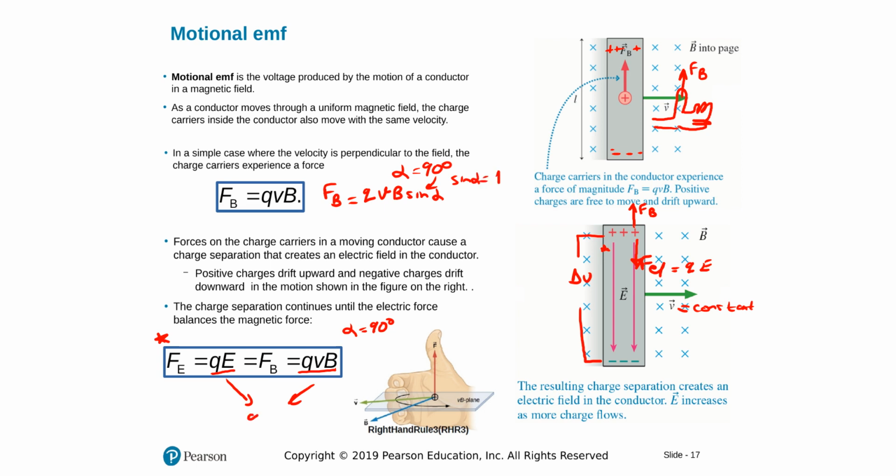We can calculate the electric field generated using QE equal to QVB. At the point where we reach equilibrium, the electric force is equal to the magnetic force, and charges are not going to be separated anymore because that electric force will stop the separation.